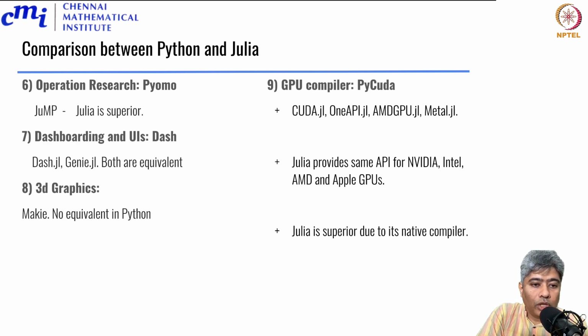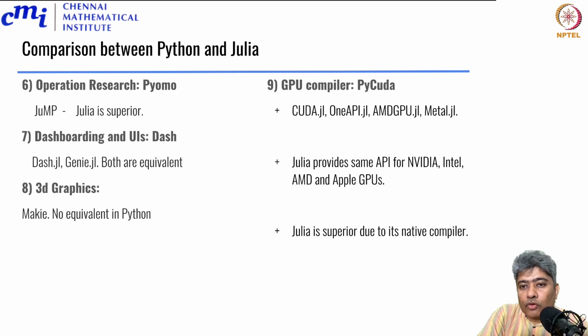If you want dashboard UIs, Dash and Genie are both equivalent, I would say. Dash is the Python one for UIs and dashboards. For 3D graphics, Makie is beautiful; almost no Python package is as good as Makie.